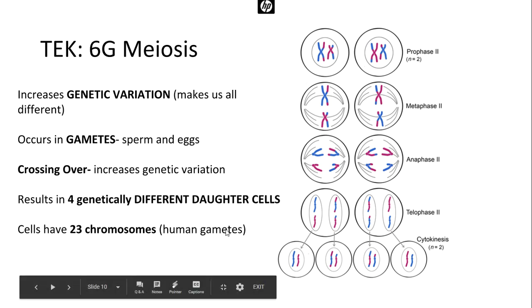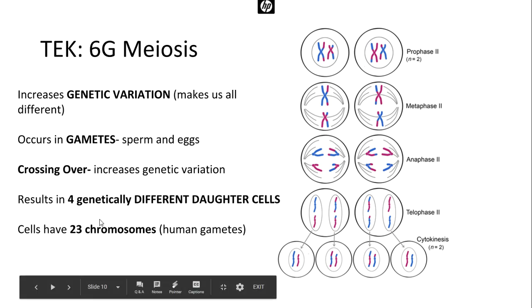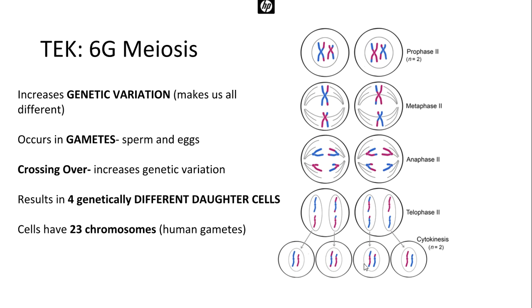When you make gametes, we divide that number in half. So it's half of whatever. If our chromosome number was 12, our gametes would only have 6. If our chromosome number was 34, then we would have 17 as our haploid number, or our gametes would have 17 each. So whatever your somatic cell number is, your gametes are half.